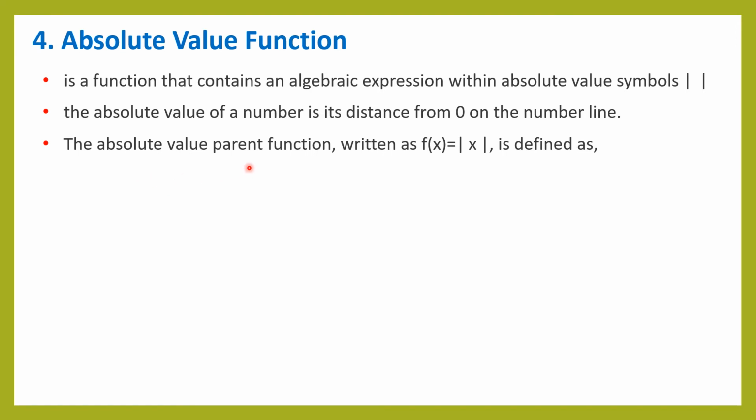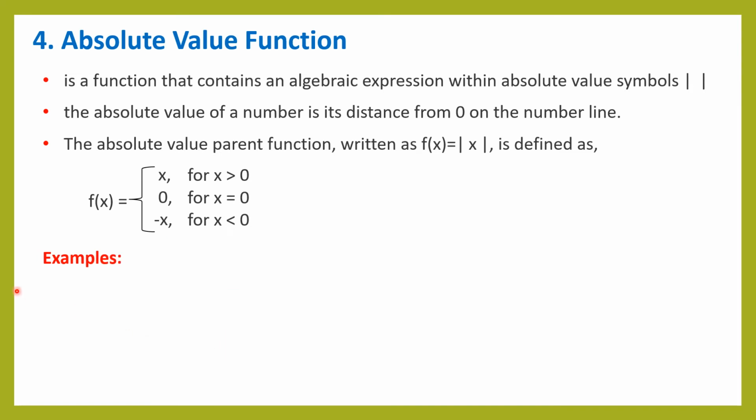The absolute value parent function, written as f of x is equal to the absolute value of x, is defined as for x greater than 0, f of x is equal to x. For x is equal to 0, f of x is equal to 0. And for x is less than 0, f of x is equal to negative x.